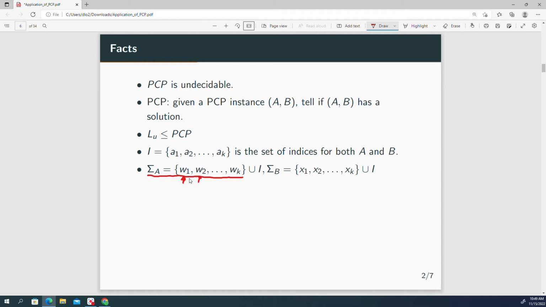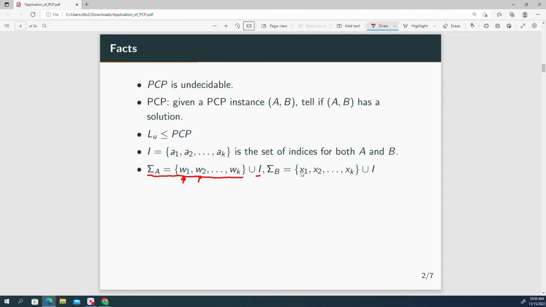Basically all the symbols in W1, W2, to WK will be the alphabet sigma A, and then we union I, the index symbols, so altogether it's sigma A.